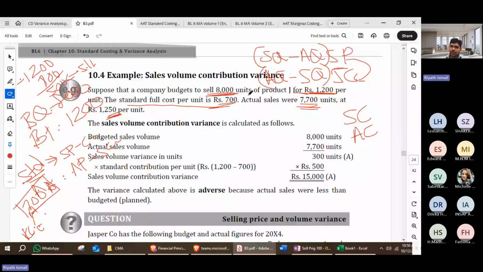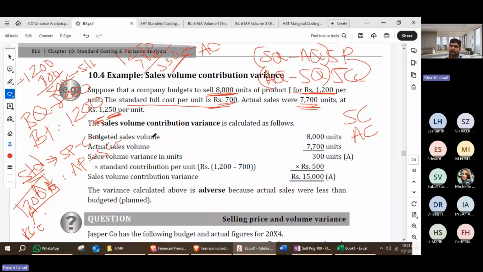And the actual selling price is 1,250; 1,250 minus the same variable cost 700 equals 550. This is the actual contribution.